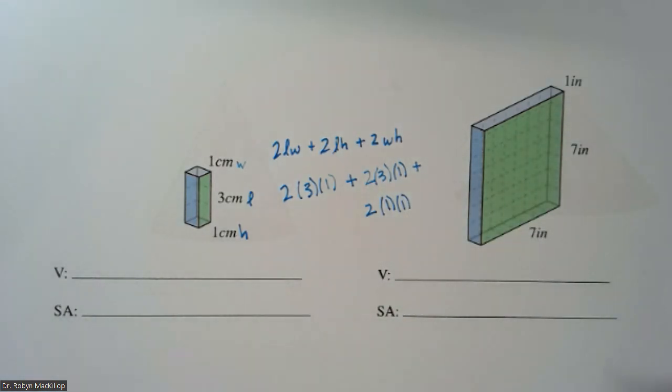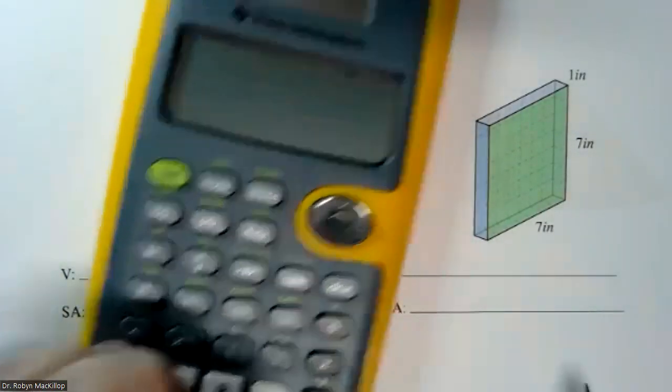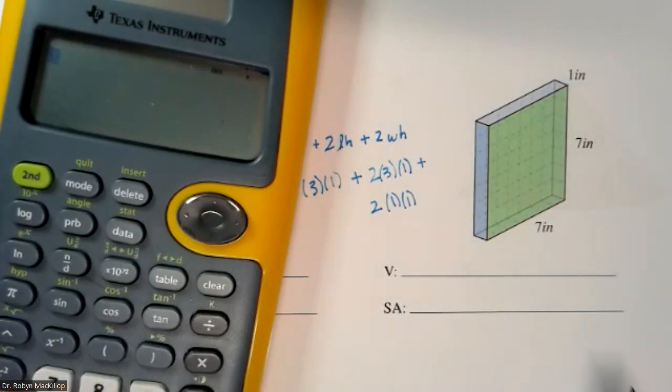Your calculator will do all of this on its own. And where is my calculator? Oh no, I need my calculator. Here it is, or here's one. This will do. So let me move this over so you can all see it.